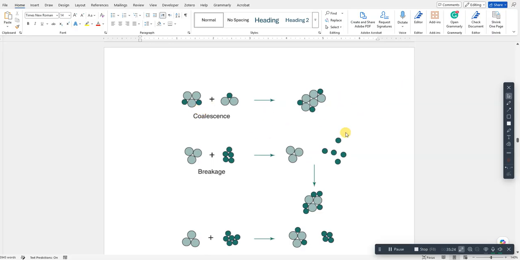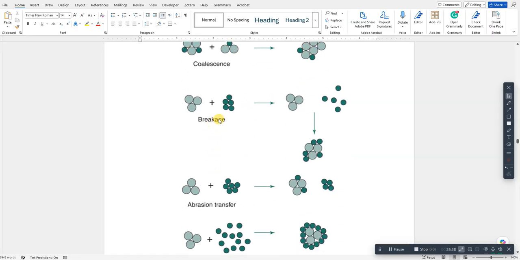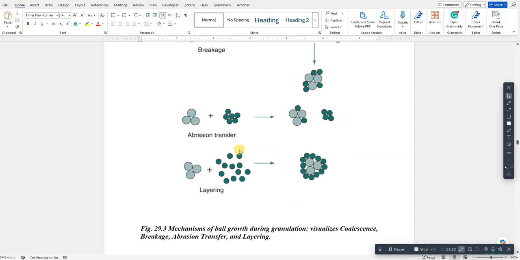Here you have some of the mechanisms by which granules form. For example, here you have two nuclei getting to each other, forming a bigger one. Here you have drug particles and excipients. The excipients, while mixing, cause the particles to stick to them.